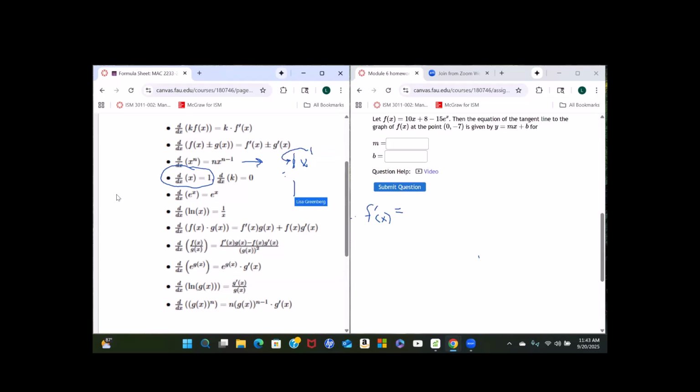I have 1 times x to the 0 power. And x to the 0 power is? Anything to the 0 power is 1. 1 times 1 is? One. So you can use that, or you can just know that it's 1. Do whatever you want.